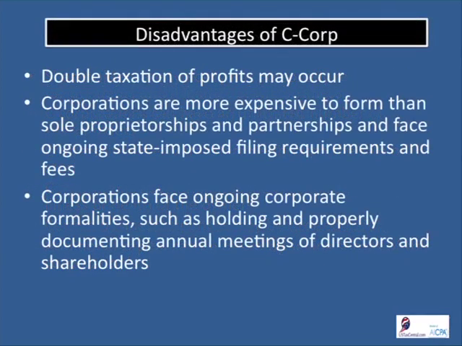And some of the disadvantages, which is the next slide, are the ongoing activities that you have, formalities and documentation, and there is potential of double taxation when somebody has a C Corp, because the corporation is taxed at the corporate level.